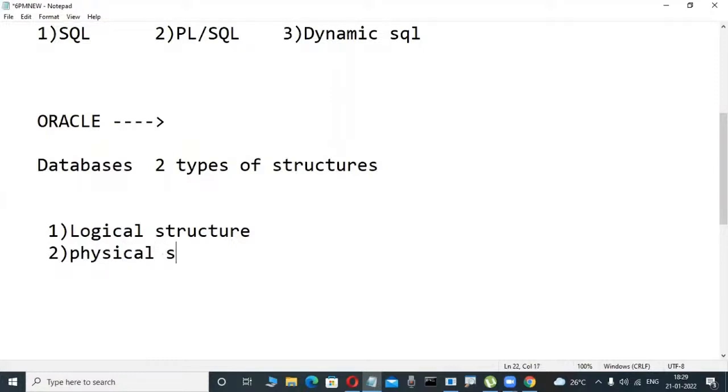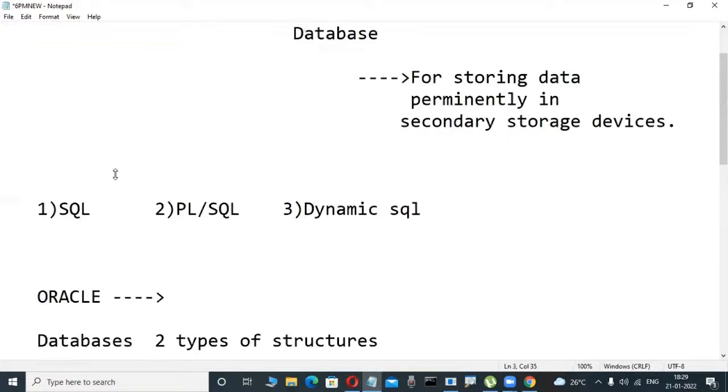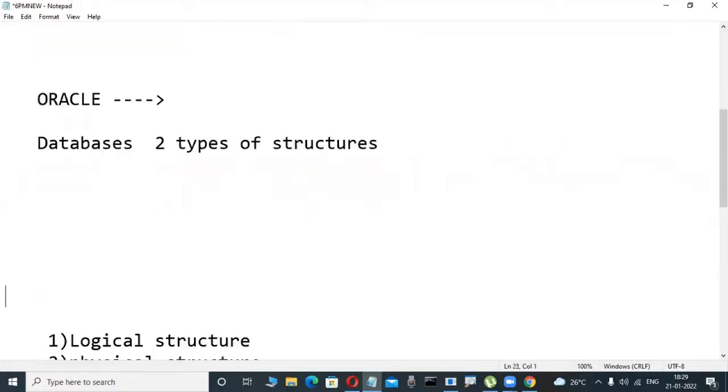Before we tell what the logical and physical structures are in every database software, consider the database definition that many books write like this. Today at least you will understand.